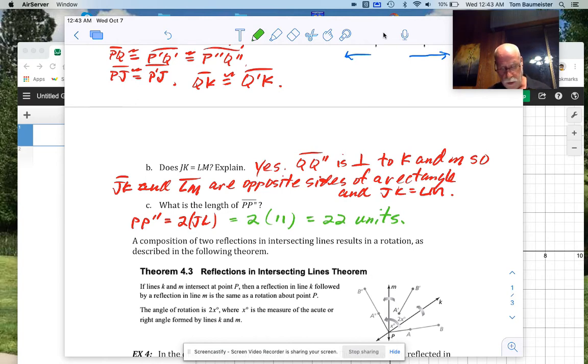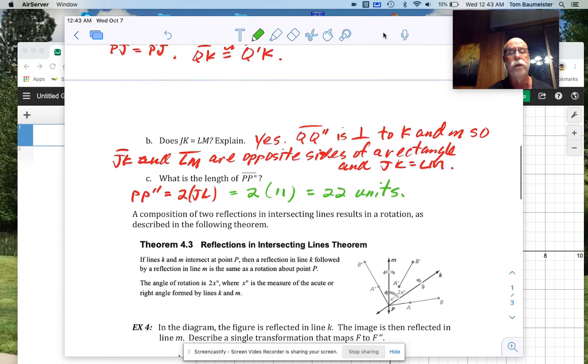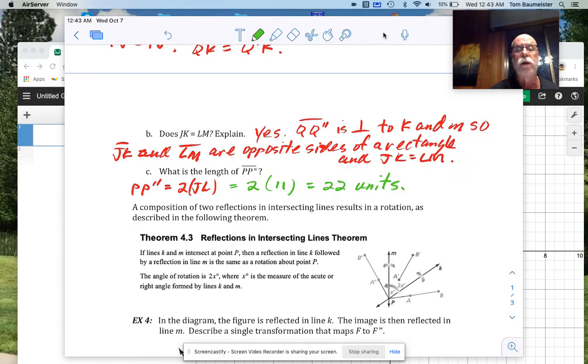So on this one here, it tells us composition of 2 reflections and intersecting lines result in a rotation as described in the following theorem, which is the reflections and intersecting lines theorem, which states if lines K and M intersect at a point P, so here's our K, here's our M, intersect at a point P, all right, then a reflection on a line K followed by a reflection on a line M is the same as a rotation about point P.